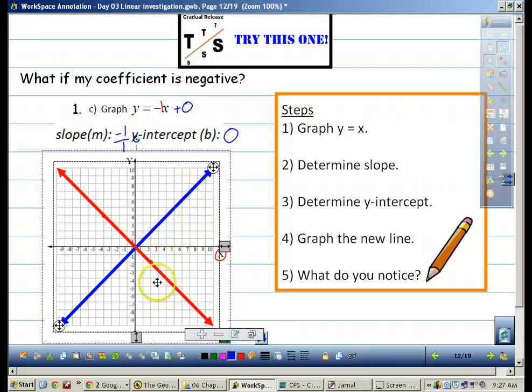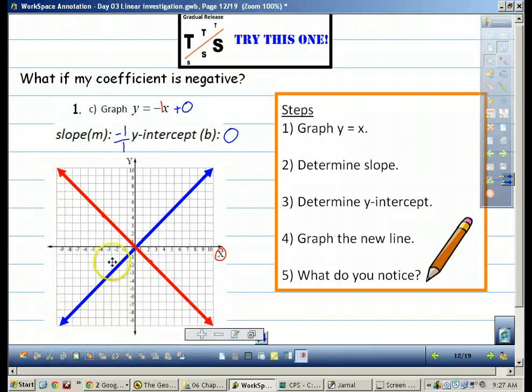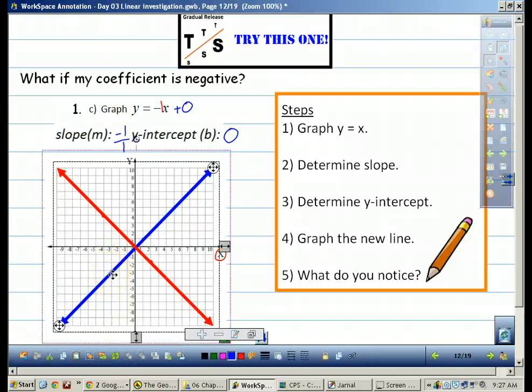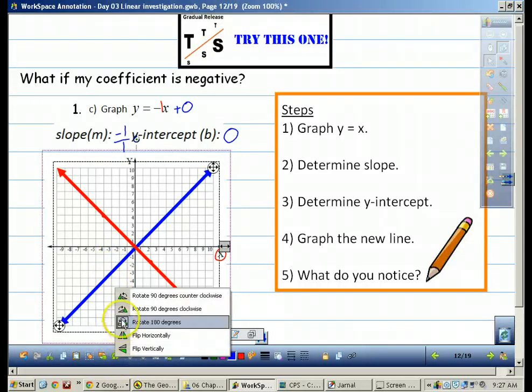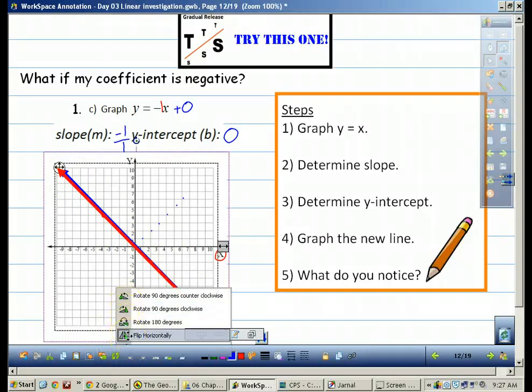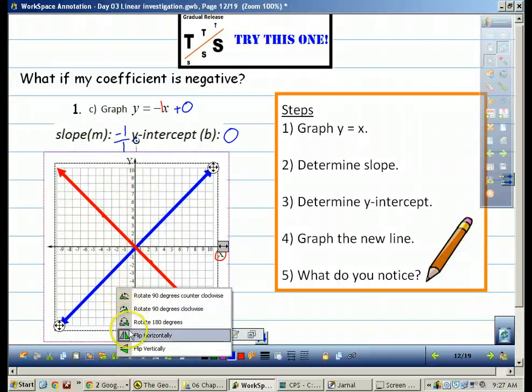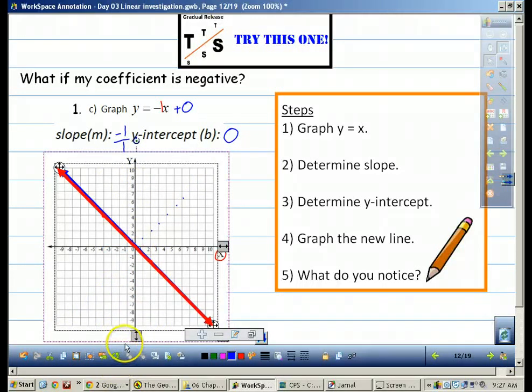If I take this blue graph and I flip it or reflect it, you see how it turns into the same graph. Watch this again. I could take my original graph and flip it or reflect it over the y-axis, and it gives me my y equals negative x.